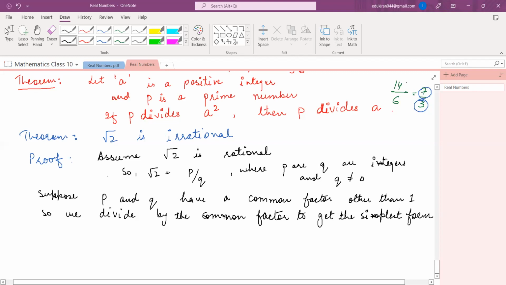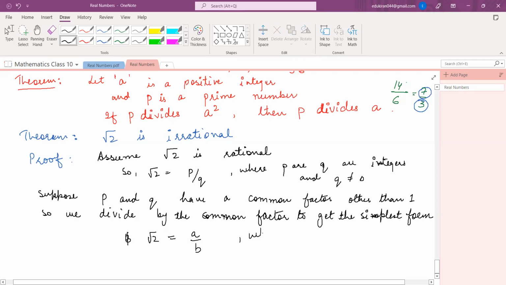Right? So let's say I have divided and I have obtained some other numbers now. Now my root 2 has become a upon b. So a upon b are the simplest form now, where a and b are co-primes.